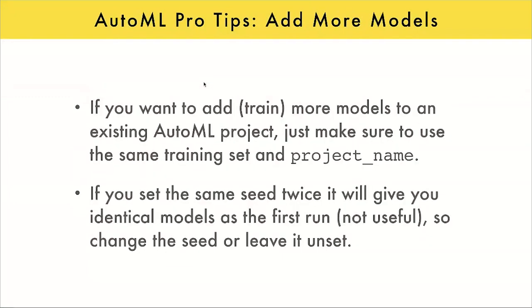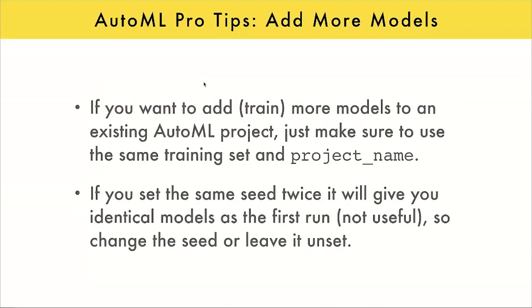And if you want to run AutoML, let's say you don't want to wait around for 1,000 models, maybe you want to just try it a little bit and see how it goes. Then you can use the project name argument. So you could give it a name. It's sort of like an ID for that run. And then you can run AutoML once and look at your leaderboard and see how it goes. And then if you think it's good, but maybe you want to keep running it longer, you don't have to start over from scratch.